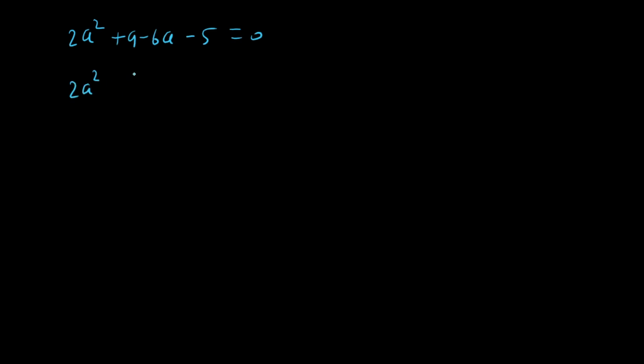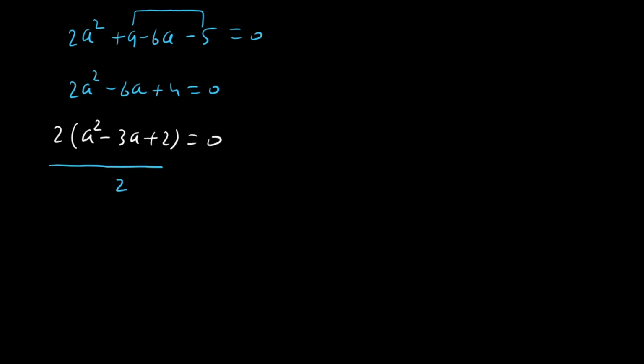Here 2a square minus 6a, 9 minus 5, that is plus 4, equals 0. If we take 2 common, then a square minus 3a plus 2 equals 0. Now if we divide both sides by 2, then in the left hand side this 2 and this 2 are cancelled out. So here a square minus 3a plus 2 equals 0.